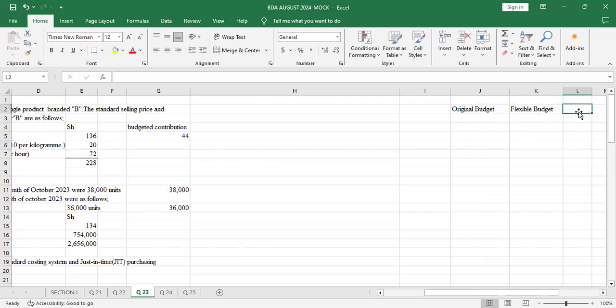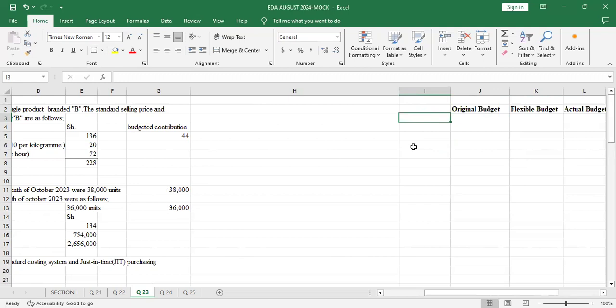Then we have the actual budget. I'll underline this, I'll introduce the bottom border and bold it all together.